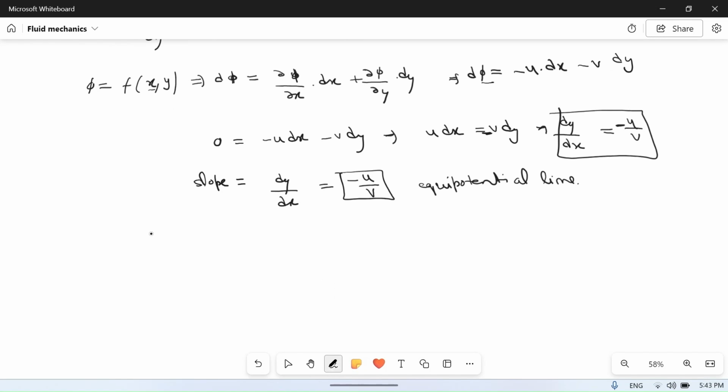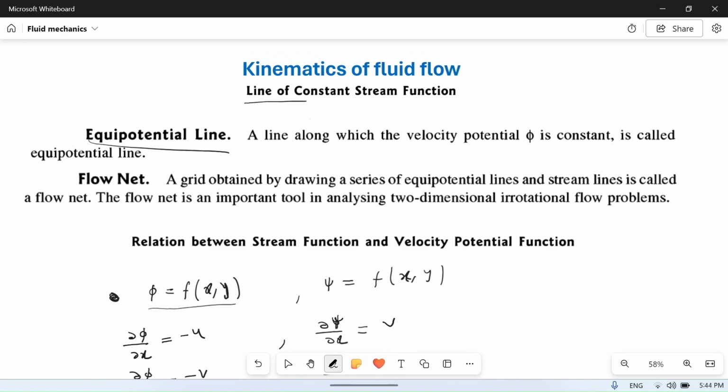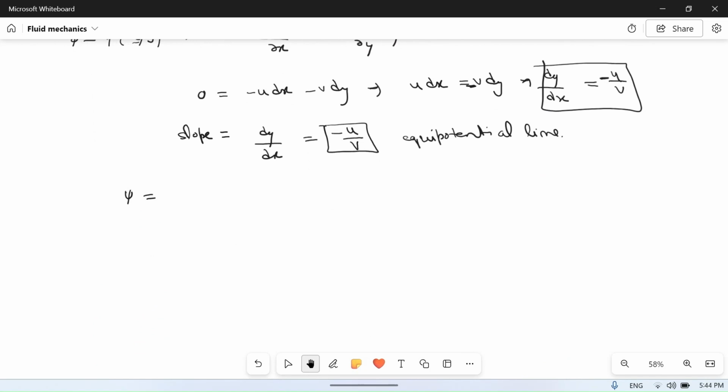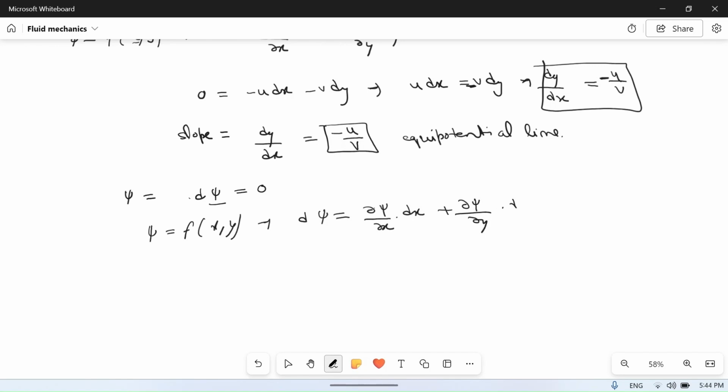Now for stream function psi, line of constant stream function, as we have written here, what is it? Line along which stream function is constant. Okay, so here also d psi will become 0 because stream function is constant, so its derivative will become 0. Now psi is function of x and y, so we can write from chain rule d psi is equal to del psi upon del x into dx plus del psi upon del y into dy.